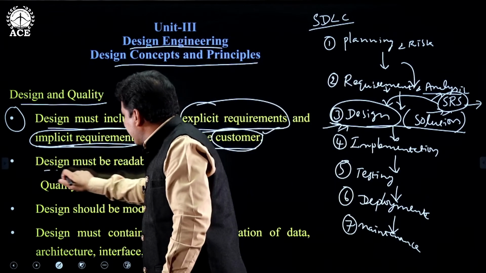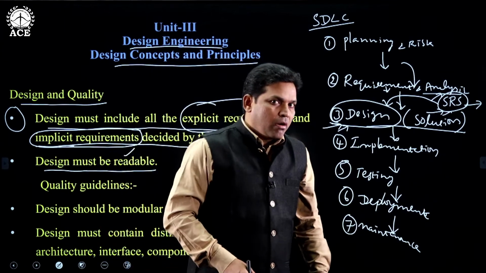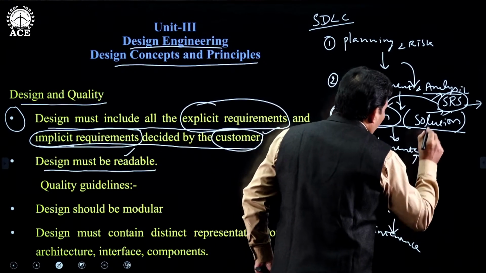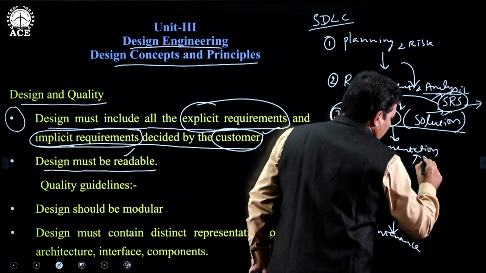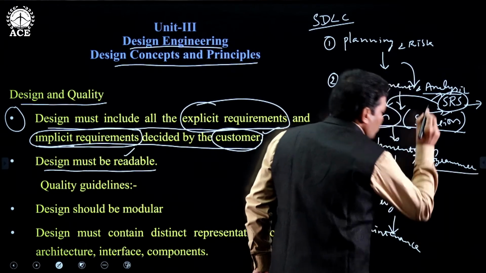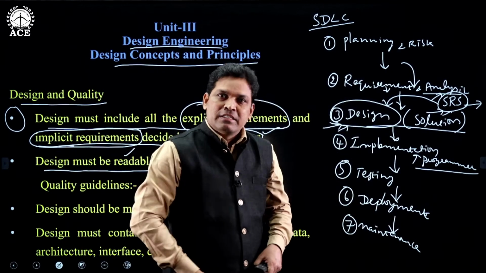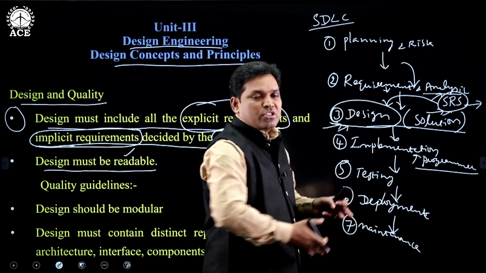Next one is, design must be readable. Why must design be readable? Because design should be understandable by those who will do the implementation here: programmers or developers, who will generate source code. Once the design has been done by the designers, they prepare the blueprint and design the model of the software system.